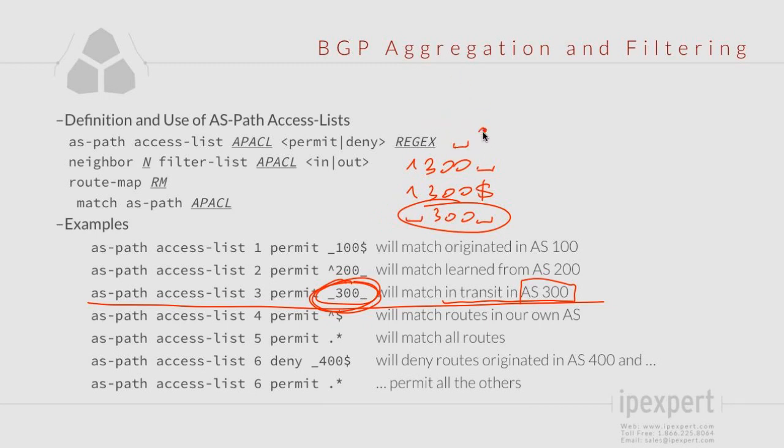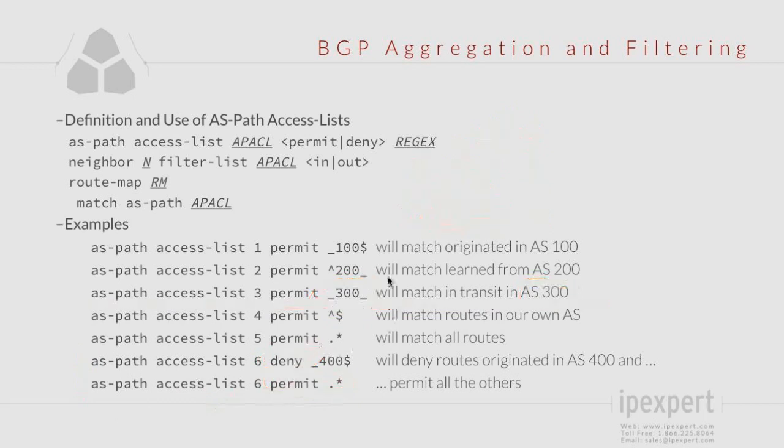I forgot about that one. So it's going to match this one as well. So if you wanted to match only those routes that were in transit, but not originated in 300, we would have to write an AS path access list that consists of multiple entries. We would have to have a first deny and then permit. I'll give you that example a little bit later on.